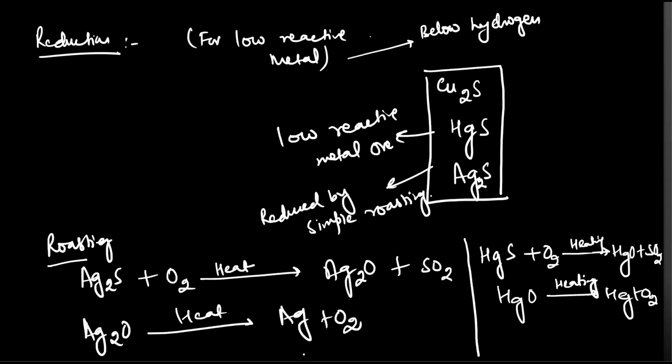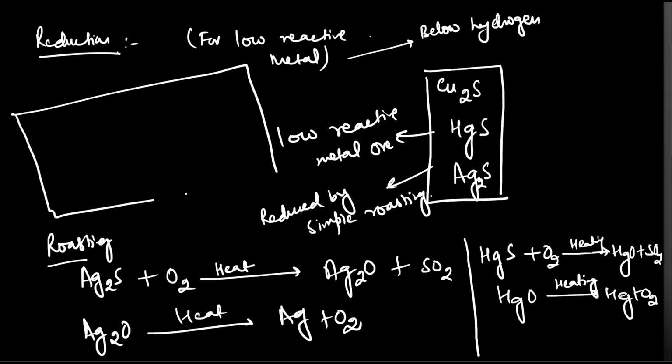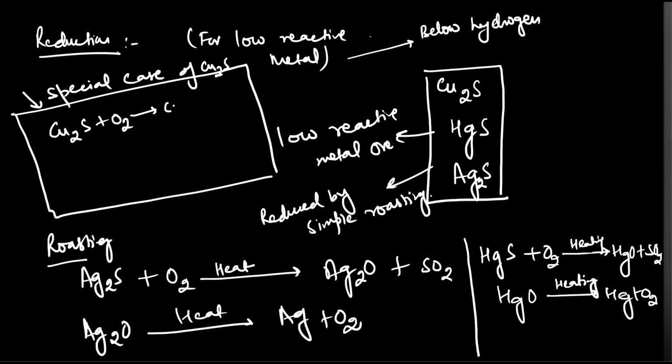But there is a special case, the special case of copper sulfide, Cu2S. If you heat Cu2S in the presence of oxygen, it will first get converted into Cu2O plus SO2. But if you heat it alone, it will not give you Cu.